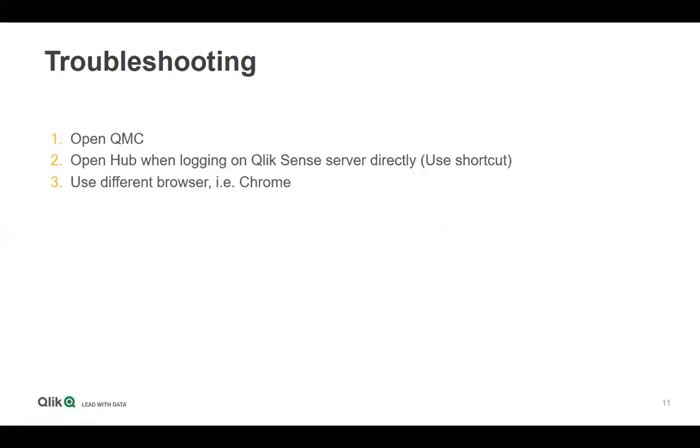By doing that, you can exclude all the extra nodes between the server and the client. Very likely you will see a working Hub on the server, and this issue is only experienced on the client machine.